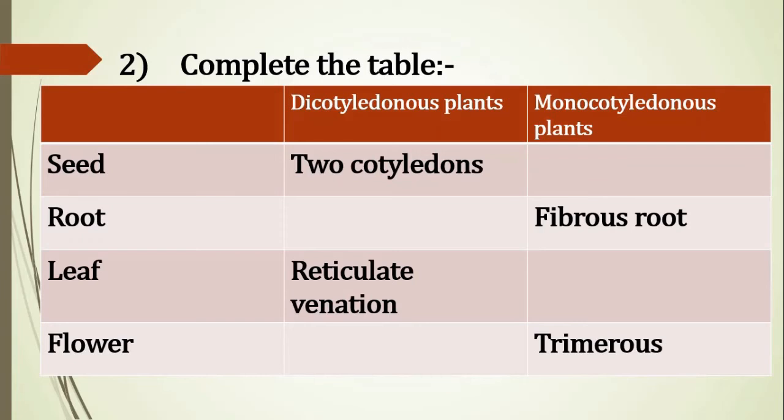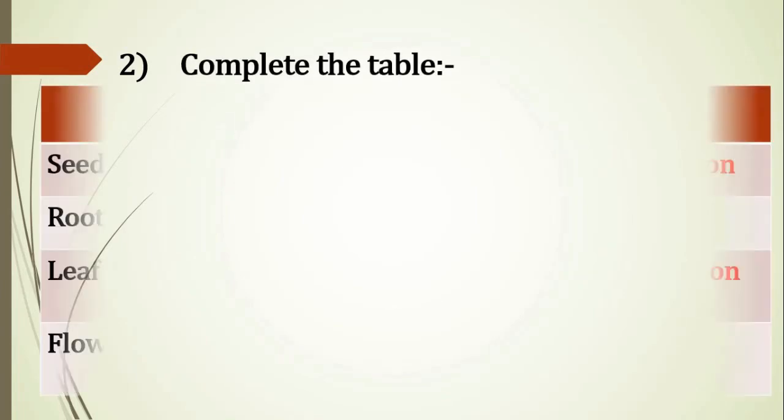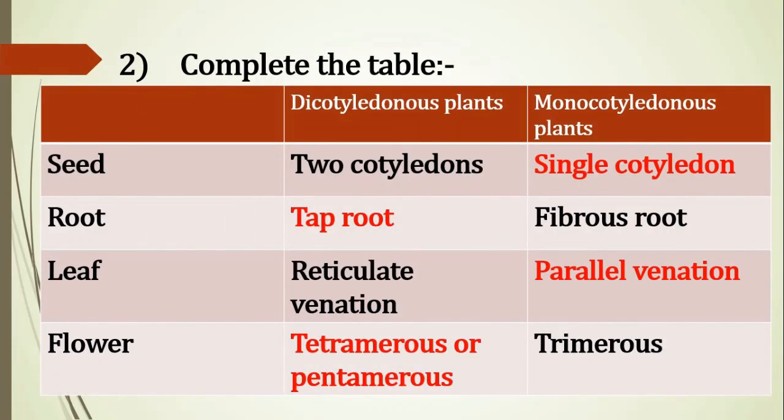Leaf. In dicotyledonous plant, it is reticulate venation. In monocotyledonous plant, it is parallel venation. Flower. In dicotyledonous plant, they are tetramerous or pentamerous. In monocotyledonous plant, they are trimerous. So, for your reference, you have to fill the chart or the table in this way.